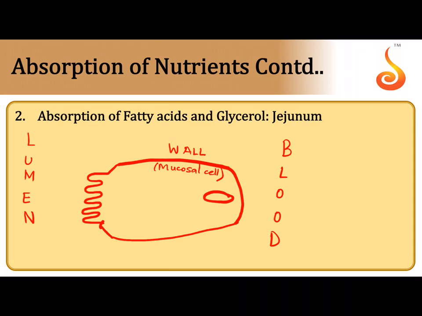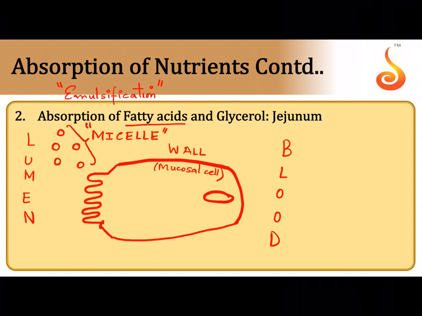So now what happens for fatty acid and glycerol is they get digested into tiny droplets. I told you larger fat droplets are converted into smaller fat droplets. These smaller fat droplets are obtained by emulsification of fats. Remember, bile converts larger fat droplets into smaller fat droplets. This conversion is called emulsification, and this is referred to as a micelle, isn't it?